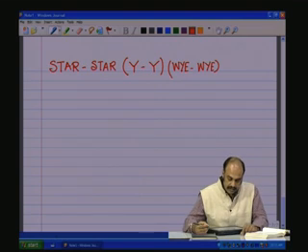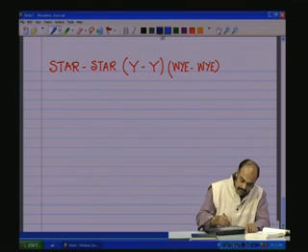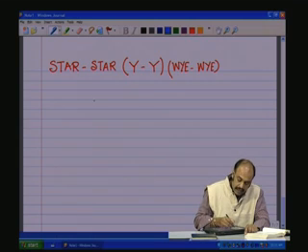You will see both these names in the literature. In the case of the star star connection, as the name indicates, the primary is connected in star.